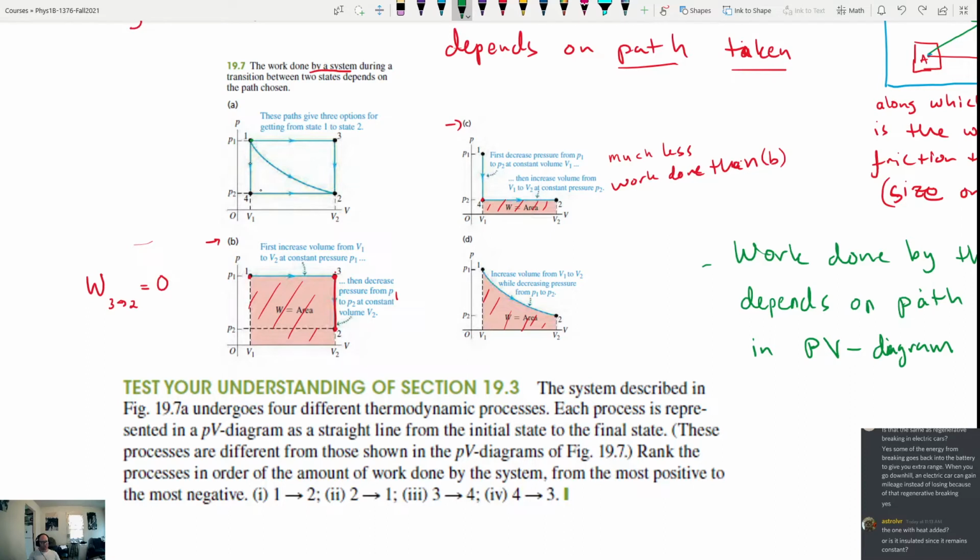As soon as you get an answer, you can feel free to go ahead and write it in the chat. It shouldn't take super long.